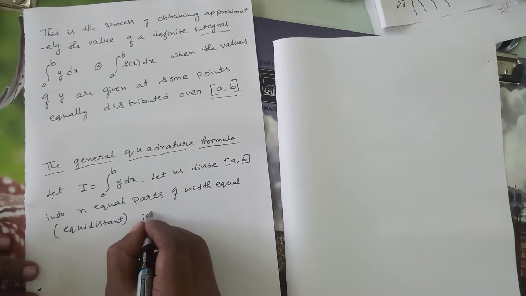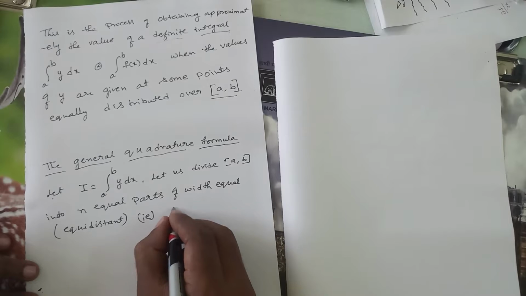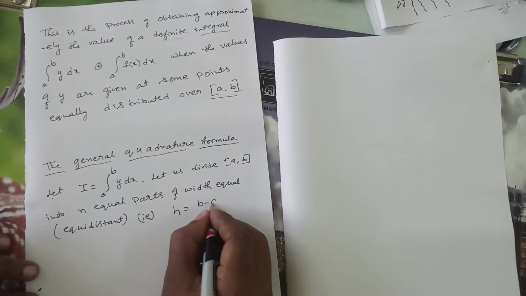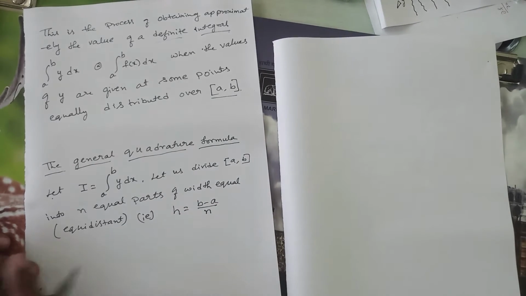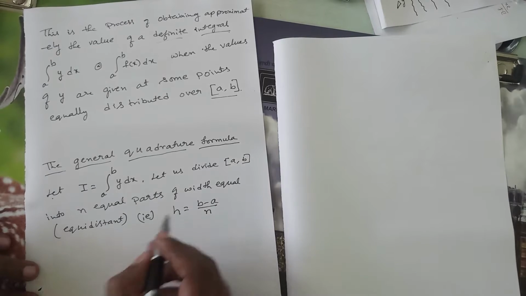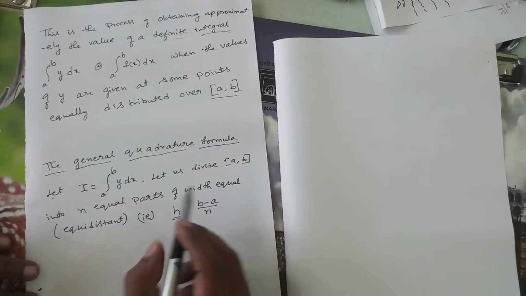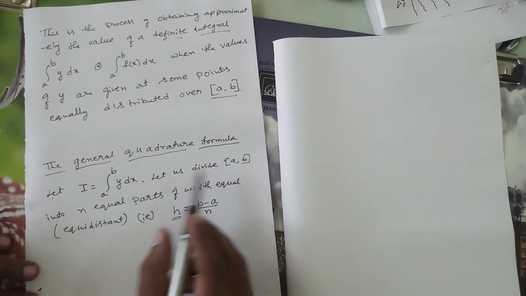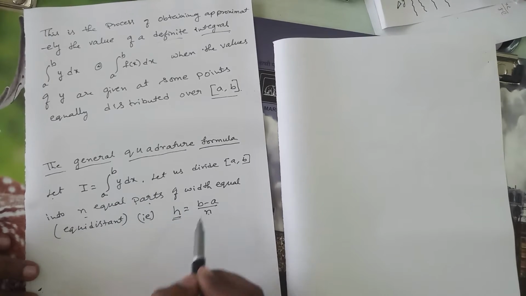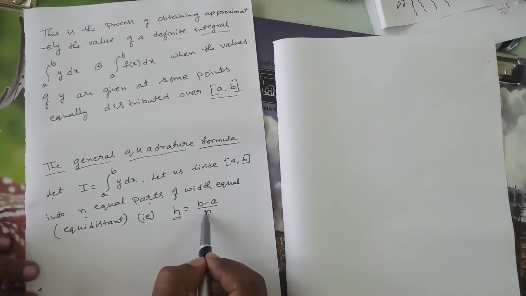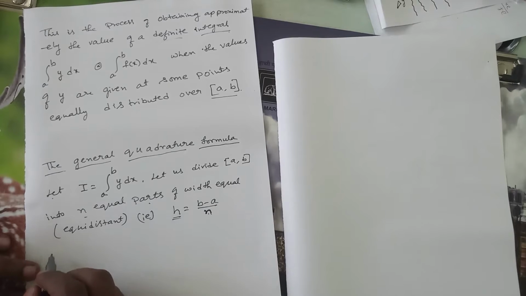So that is h equals b minus a divided by n. To find the h value, you have to use b minus a divided by the number of equal parts, that is n. So you will get the h value.